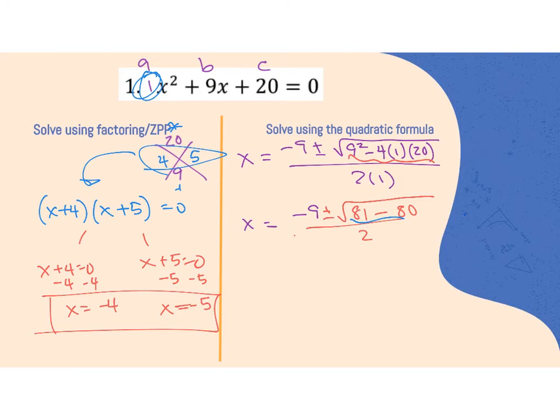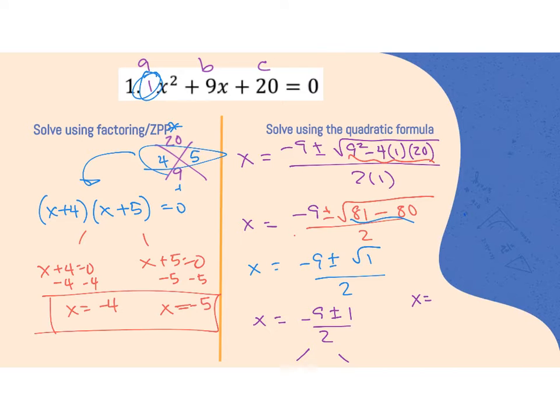81 minus 80 is just 1, so that's x equals negative 9 plus or minus the square root of 1 all over 2. And the square root of 1 is just 1. So I have x equals negative 9 plus or minus 1 all over 2. So that splits into 2 pieces.